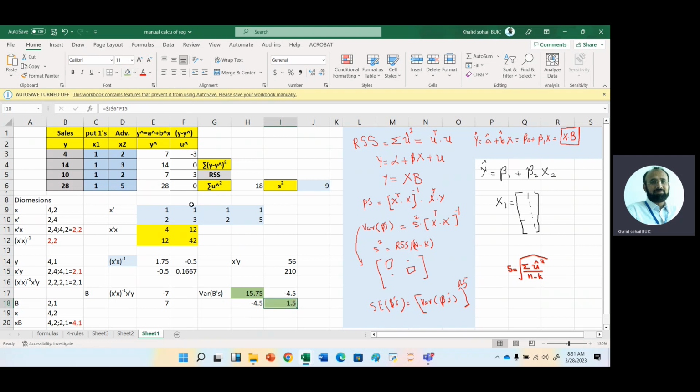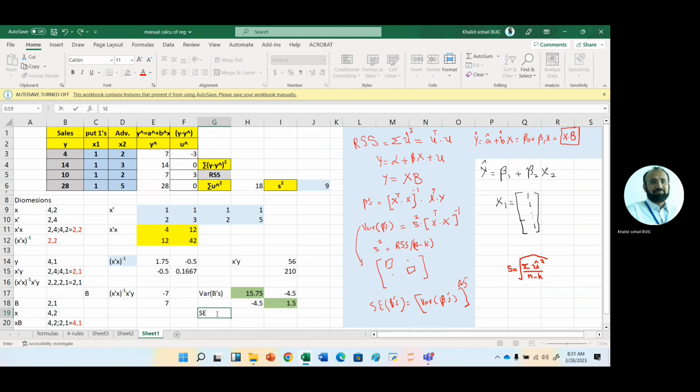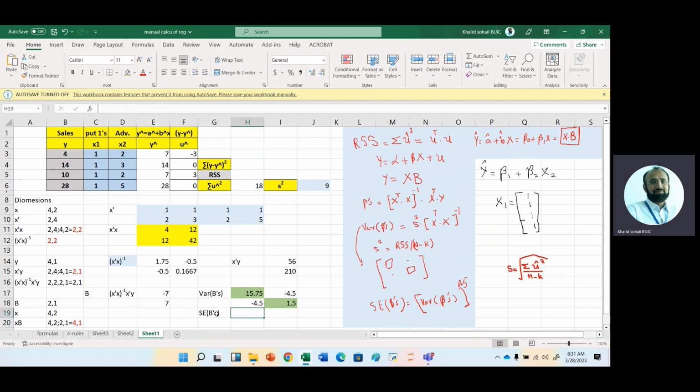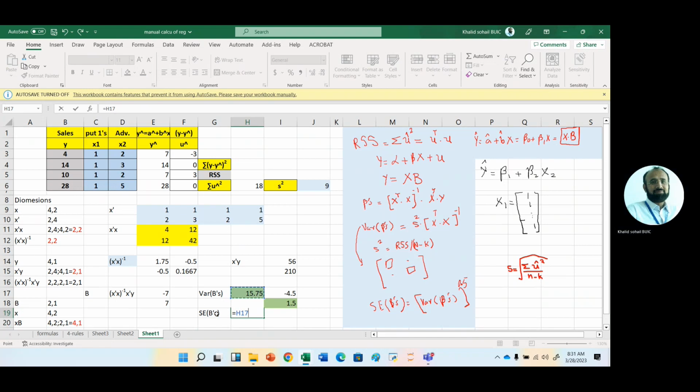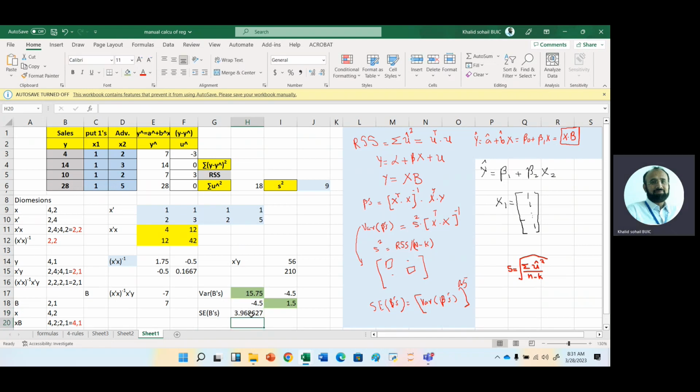To get the standard error of betas, we will take its square root, power 0.5, and Control C, Control V and Control X. So here we have the standard error of betas, and it is the same as we calculated earlier.